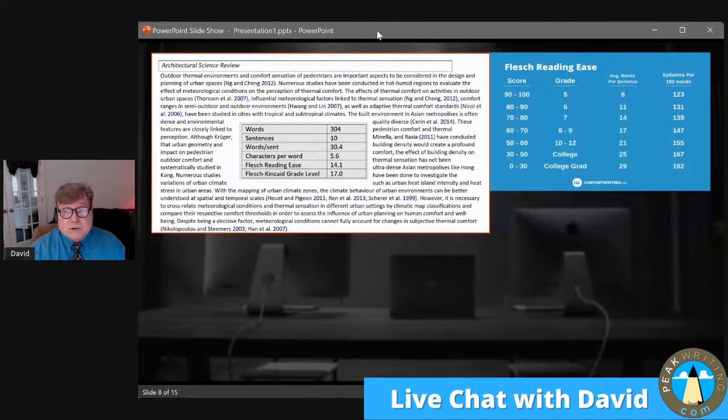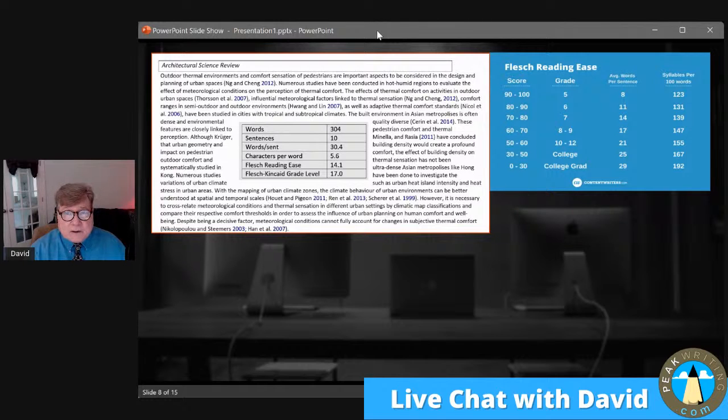For the college graduate, the Flesch Reading Ease scale goes from 0 to 30. So this professor is right in the middle of the college graduate Flesch Reading Ease score. Notice that the higher the score, the higher the reading ease. So 90 to 100 is 5th grade level, 80 to 90, 6th grade, and on down to 0 to 30, the college graduate level.